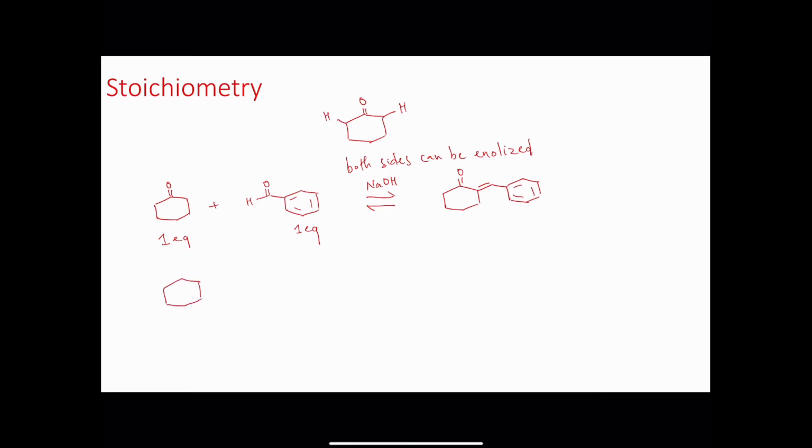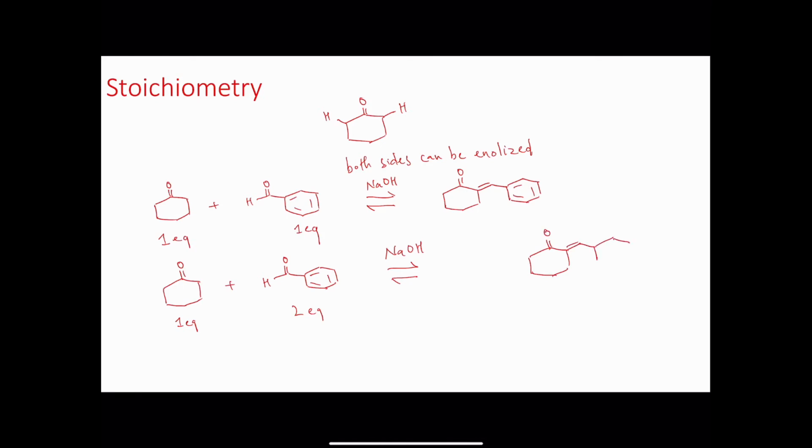Another example: we have the same reaction between cyclohexanone and benzaldehyde. But now we use one equivalent of cyclohexanone and two equivalents of benzaldehyde, and again, in the presence of sodium hydroxide. So we're going to form this product.